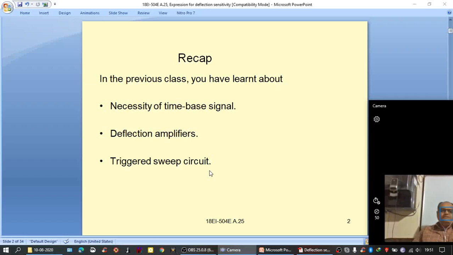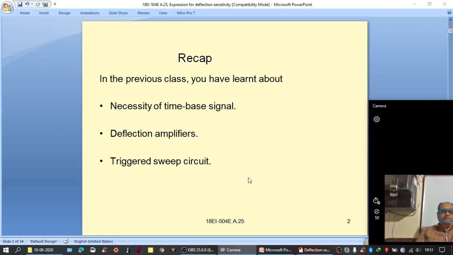Basically, a sweep signal consists of an upgoing ramp and a downgoing ramp. Upgoing ramp makes the electron beam deflect from left to right. And in order to prevent the electron beam from moving from right to left due to downgoing ramp, the ramp which is moving down towards zero has to be blocked.